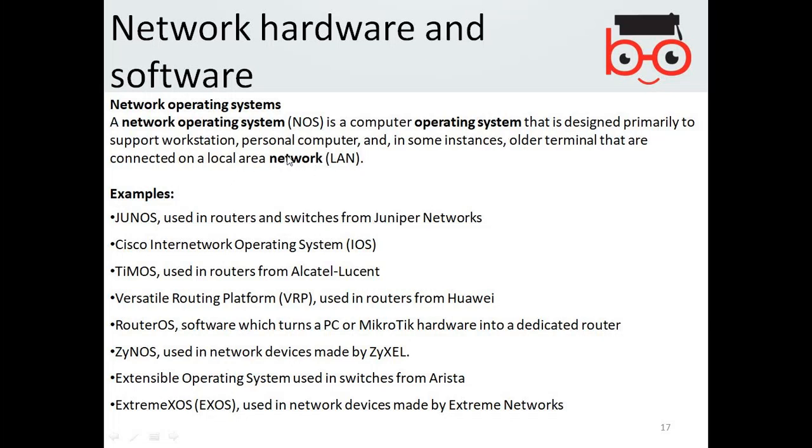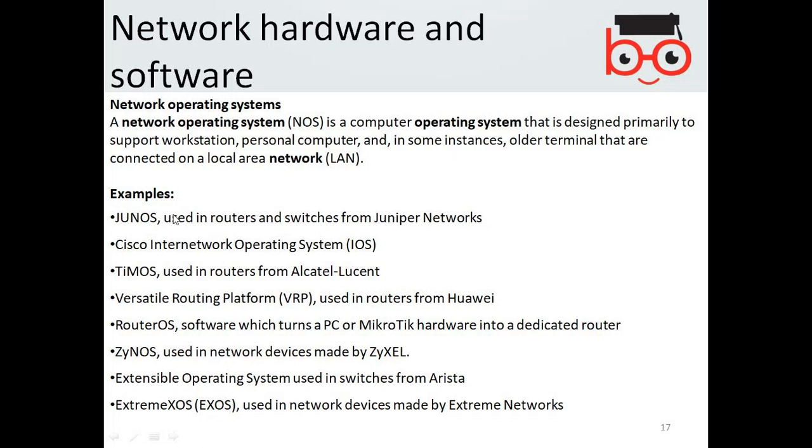So for everything you need a network operating system.